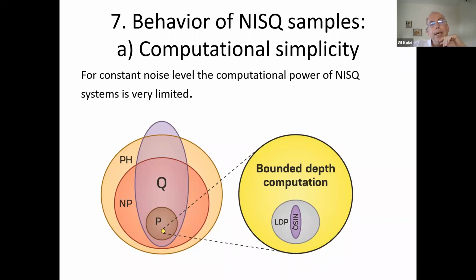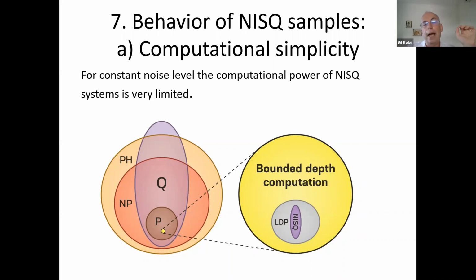Now, inside P, you have a very tiny computational class, which is called bounded depth computation. And bounded depth computation is very limited. For example, you cannot compute the parity of n bits using bounded depth computation. And inside bounded depth computation, there is a small, even more restricted class. Here I refer to a class for sampling problems, as I juggle between different types of computational problems.